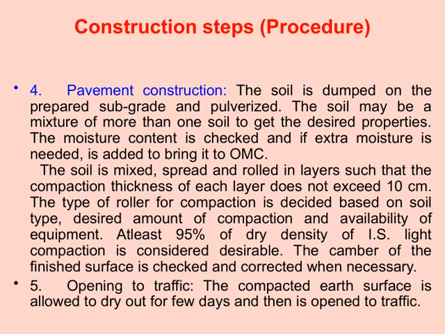Once the moisture level is correct, the soil is mixed thoroughly, spread out, and then rolled in layers. It's important that each layer's thickness does not exceed 10 centimeters to ensure proper compaction. The choice of roller depends on the soil type, how much compaction we need, and what equipment is available. Our goal is to reach at least 95% of the dry density specified in Indian Standard Light Compaction tests, which indicates a well-compacted surface.